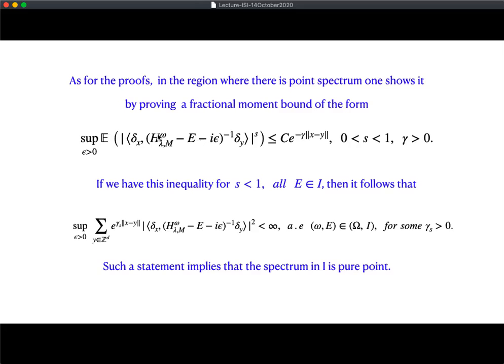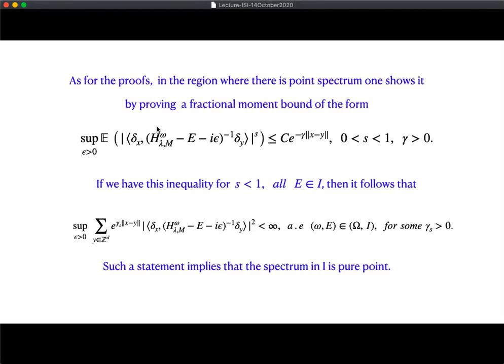It's in the resolvent. So H minus that complex number, that linear operator is invertible. So the inverse is a bounded linear operator. And that inverse, you look at the matrix elements, because L2 of Z or Z^2 has an orthonormal basis. You just look in that orthonormal basis the matrix entries of this bounded linear operator.